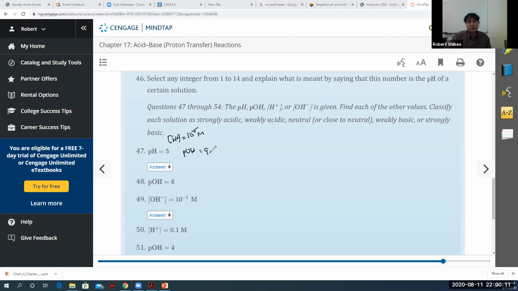If the pOH is 9, then the hydroxide ion concentration is 10 to the minus 9 molar. This is no sig figs. Then what? This pH 5 is weakly acidic.